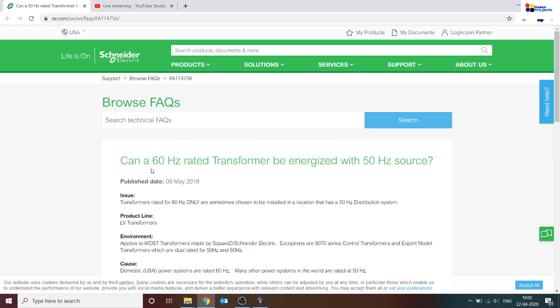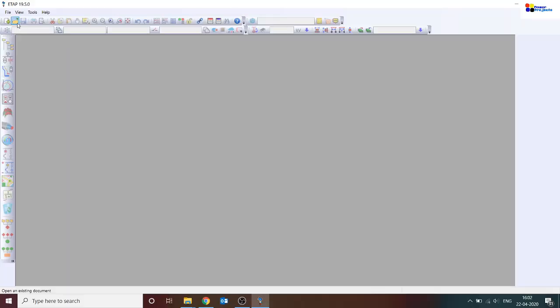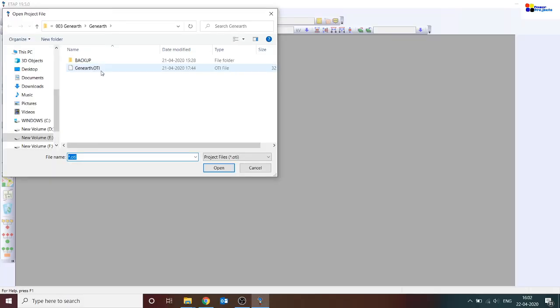With respect to this, we will discuss a bit more, and also see how a transformer designed at one frequency behaves at the other frequency.